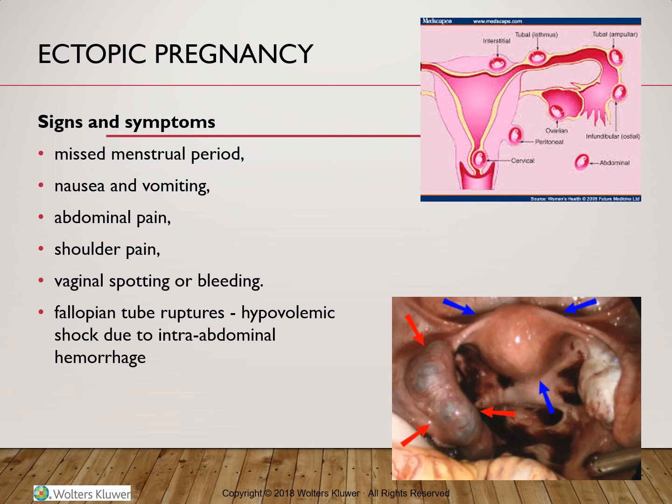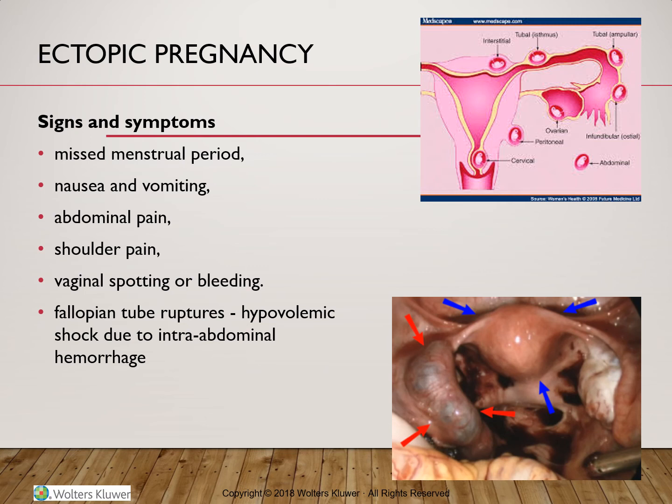In terms of signs and symptoms, usually symptoms will appear between 4 and 8 weeks of pregnancy after the last menstrual period. Usually, women will seek help around week 12. Most commonly, they will seek help for pelvic pain or vaginal spotting.